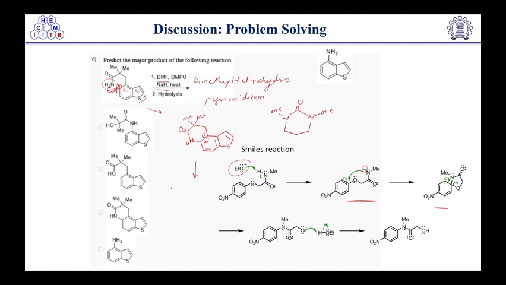So aromatization will take place after pushing the negative charge. Okay, so deprotonation will take place to give the corresponding product.